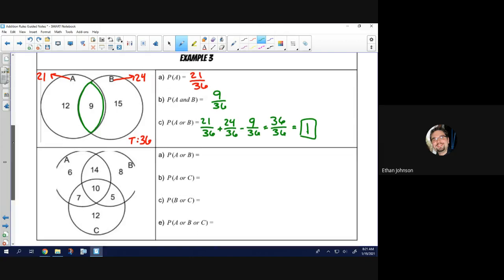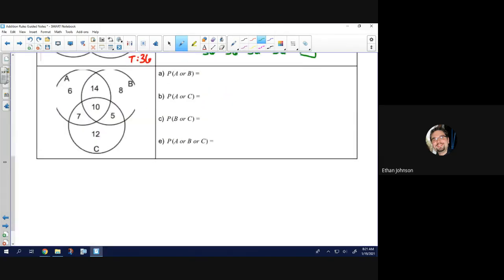So let's look at the second bit. The second one, we have more than one circle. Actually, more than two. We have A, B, and C. So if we look at everything that is in circle A, those numbers are 6, 14, 10, and 7.